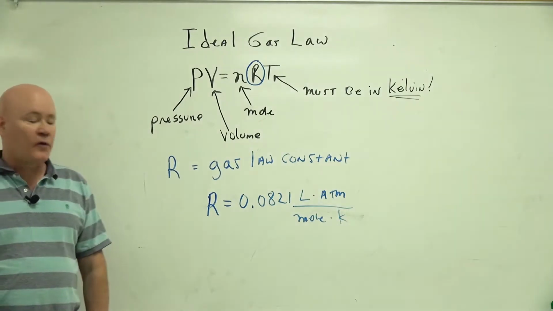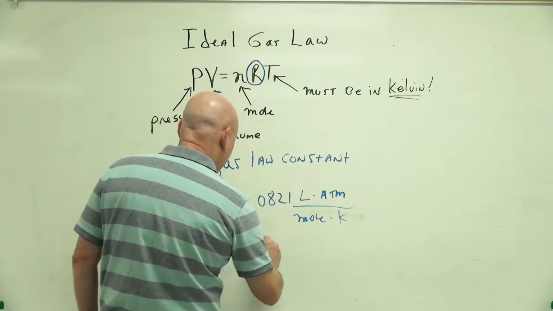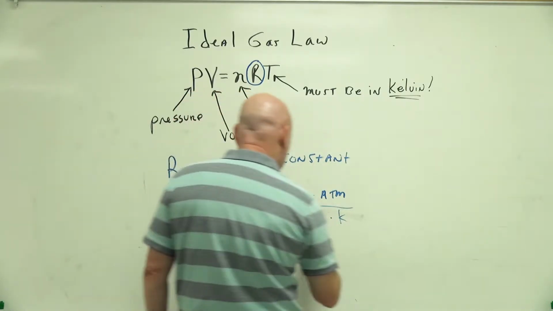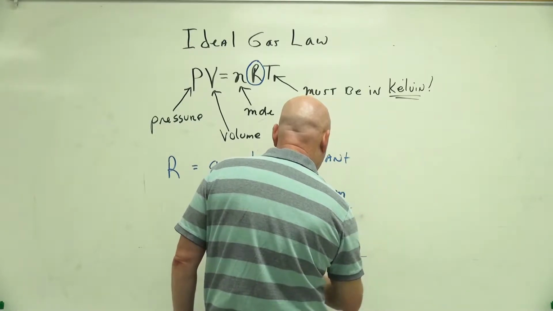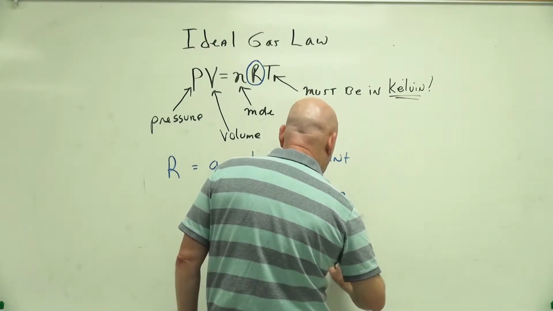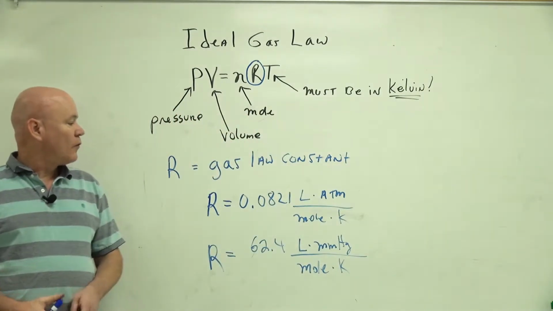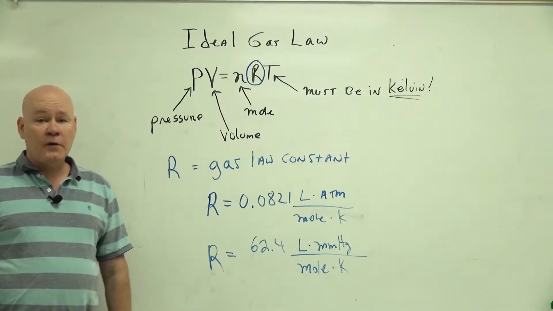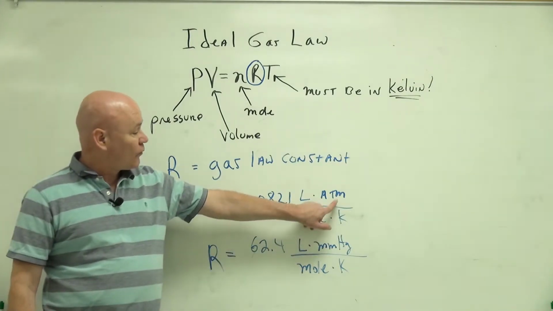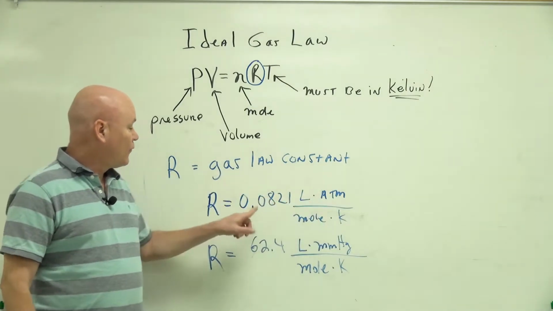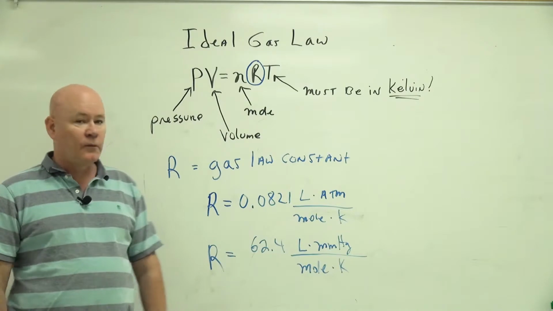And the second R that we're going to use is 62.4 liters millimeters mercury for every mole Kelvin. Now if you look at these two R's, you will see that there's only one thing that's different about them, and that's the pressure units. We have atmospheres with this R, and we have millimeters mercury with this R.